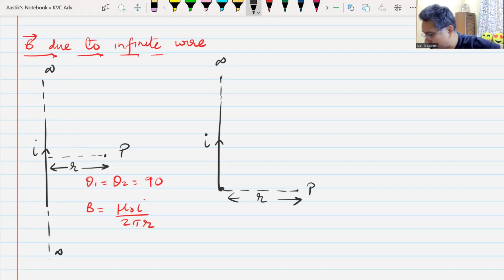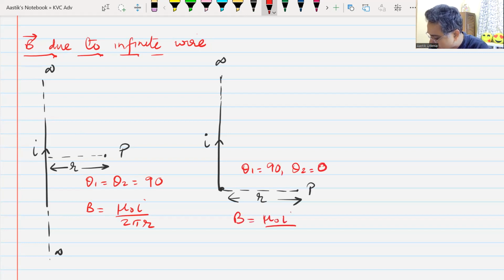In that case, what will be the answer? Mu naught I by 4 pi r. In this case, one angle theta 1 is 90, the other angle theta 2 is 0. It doesn't matter which is theta 1 and theta 2, the magnetic field becomes mu naught I by 2 pi r. Do we understand this? Yes.